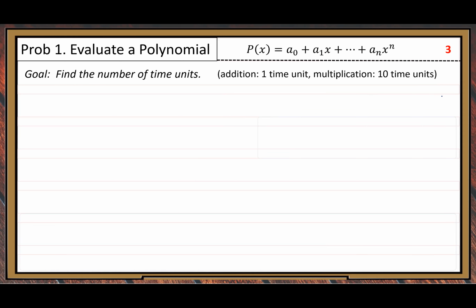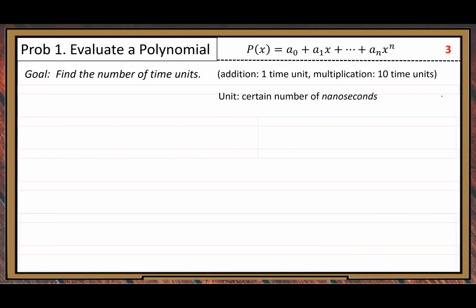Although I say time unit here, you may wonder how large that time unit is. Here I can give you the idea. A unit here is a certain number of nanoseconds. Do you have an idea how large a nanosecond is? We start from 1 second, then 1,000th of 1 second, millisecond.